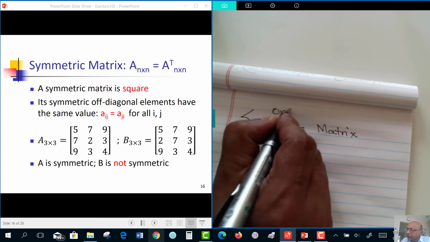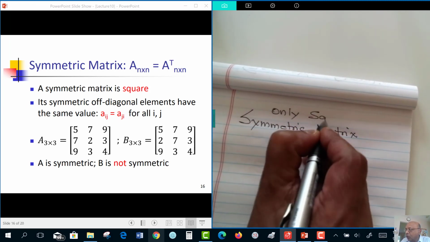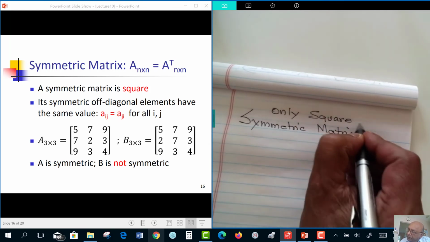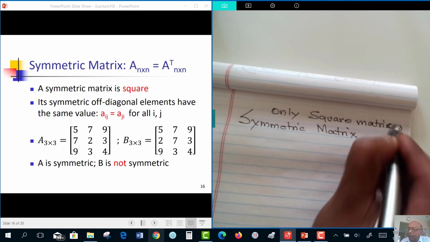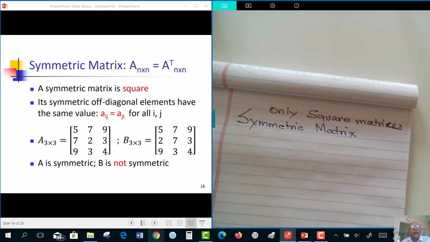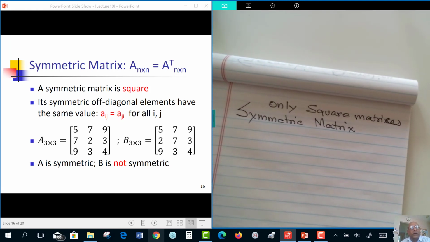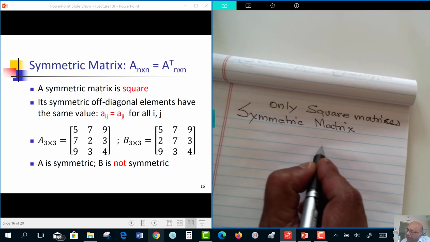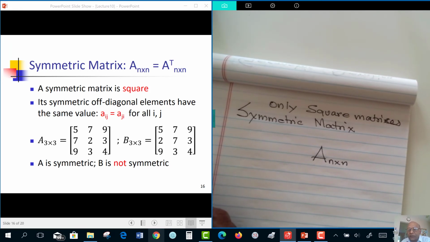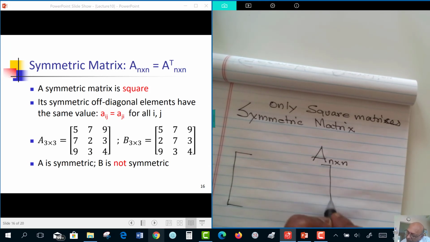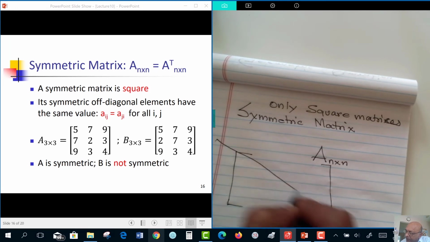So when we talk about symmetry, we can only talk about square matrices. So if we have a matrix A, n by n, and if this matrix is symmetric, remember, a square matrix has a principal diagonal.